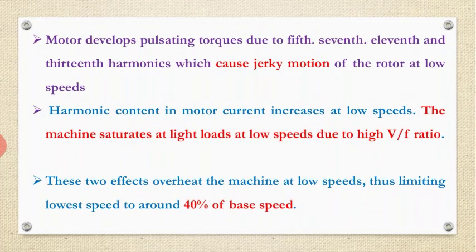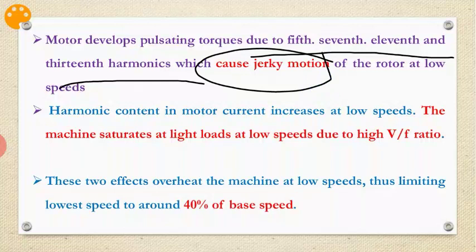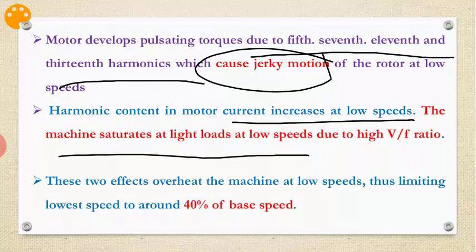Continuation of the drawbacks. It develops pulsating torque due to 5th, 7th, 11th, 13th harmonics, which cause jerky motion of the motor at low speeds. The harmonic content in the motor current increases at low speed. The machine saturates at light loads at low speed due to high V by F ratio.